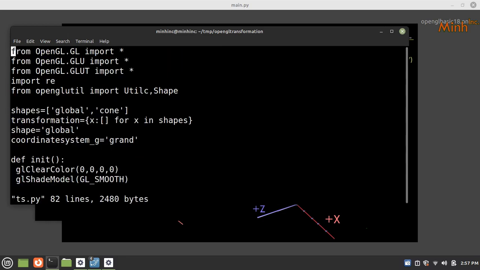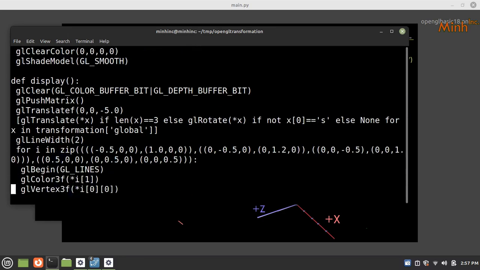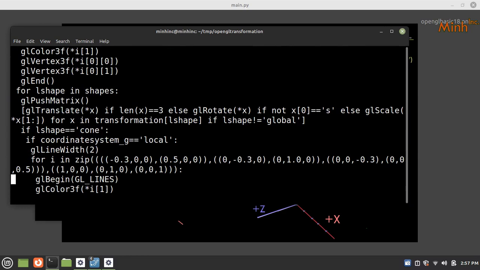Okay. Now we will code for showing this fixed grand coordinate. So in the fixed grand coordinate, we'll reverse it for x in the reverse transformation L shape.